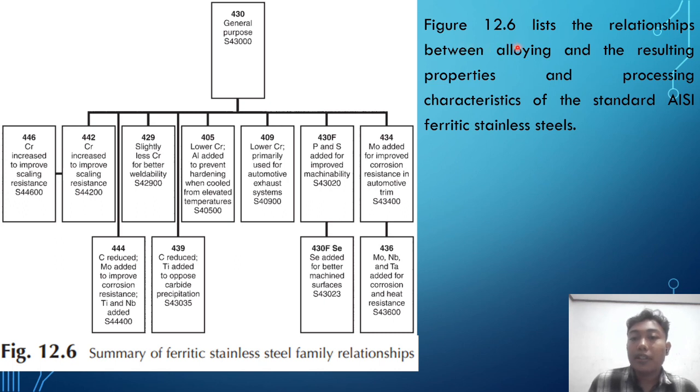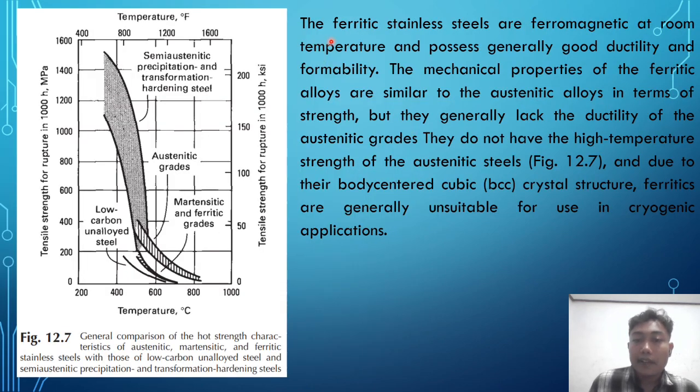Picture 12.6 lists the relationship between alloying and the resulting properties and processing characteristics of standard AISI ferritic stainless steel. This is picture 12.6. As you can see, the relationship of the family of the ferritic stainless steel. The ferritic stainless steels are ferromagnetic at room temperature and possess generally good ductility and formability.